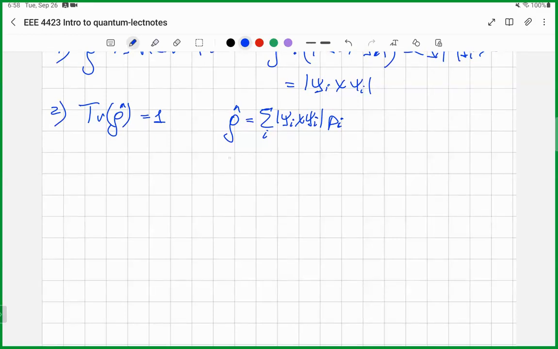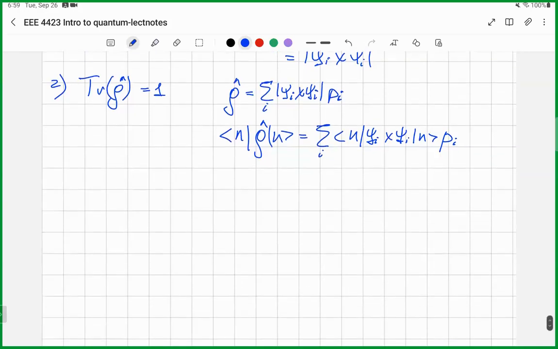The trace is the summation over the diagonal matrix elements. So for a single diagonal matrix element, we write <n|rho|n>, which is a summation over i of p_i <n|psi_i><psi_i|n>.